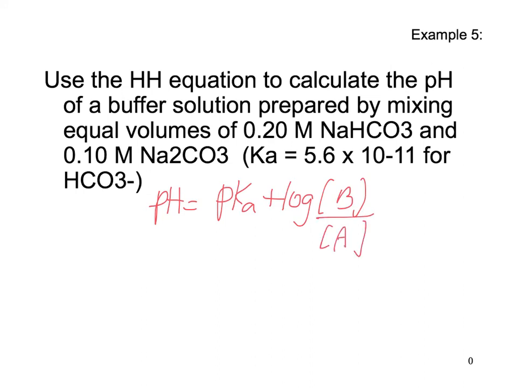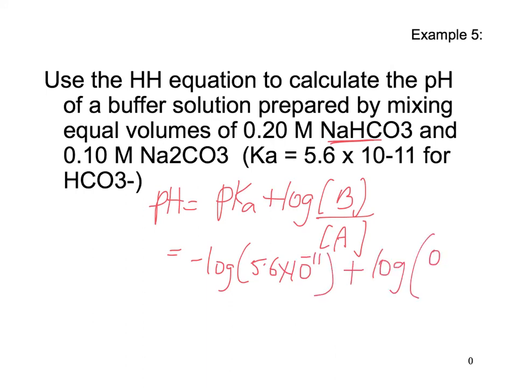So you have to decide for yourself which part is the base and which part is the acid. So again, go back to chapter 15. The acid would contain the proton. As simple as that. Negative log of 5.6 times 10 to the negative 11, plus log of 0.1 divided by 0.2, which is going to give you your overall answer.